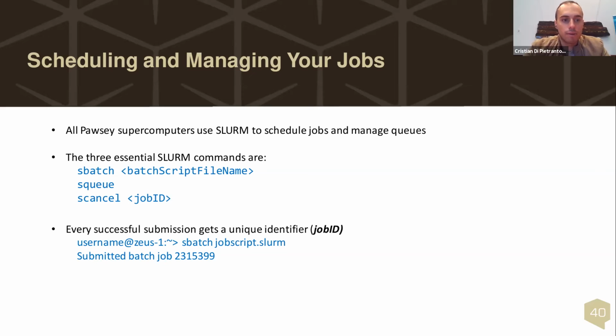squeue, we have seen the command, and scancel will tell the scheduler to not execute the job anymore, and if it's executing, cancel it. These are the main commands to interact with jobs.